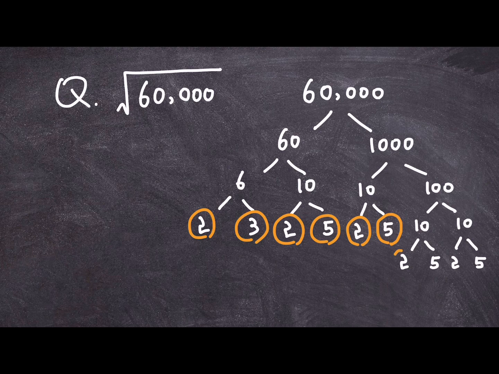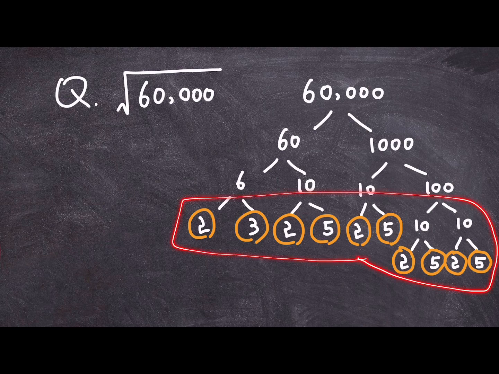And all of those four numbers are prime numbers, so I circle all four numbers. Now here I have 1, 2, 3, 4, 5, 6, 7, 8, 9, 10 numbers that when multiplied together give me 60,000.